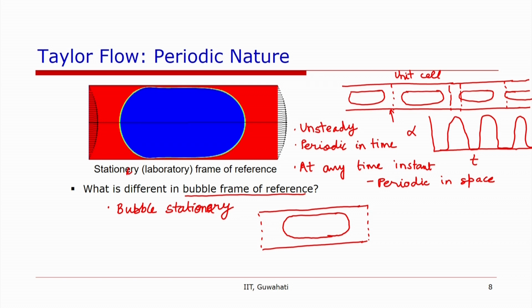So in the bubble frame of reference, UB is equal to 0. That means you will have the walls; the actual flow is in this direction in the laboratory frame of reference. When you are sitting on the bubble, you will see the walls moving with minus UB velocity in the opposite direction. As a consequence, you will also see the velocity profile to be something like this.